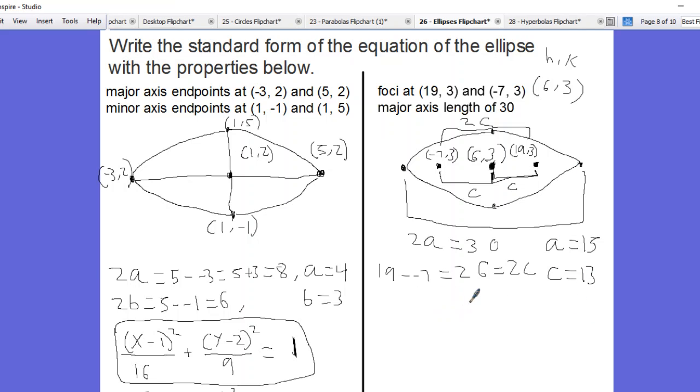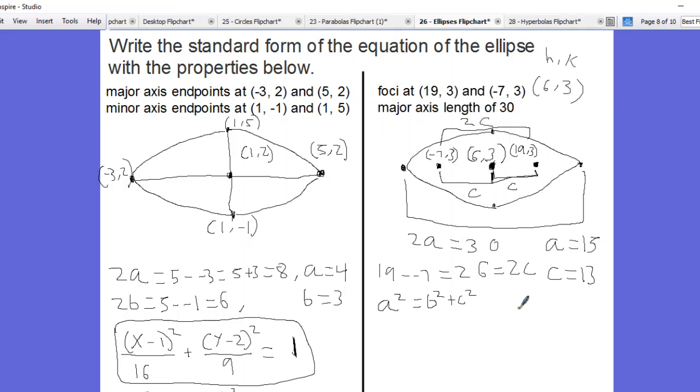Now we can use our Pythagorean relation. For an ellipse, a squared is equal to b squared plus c squared.